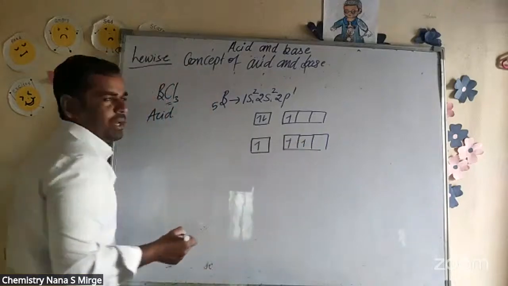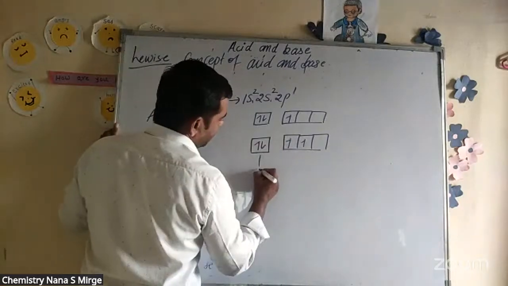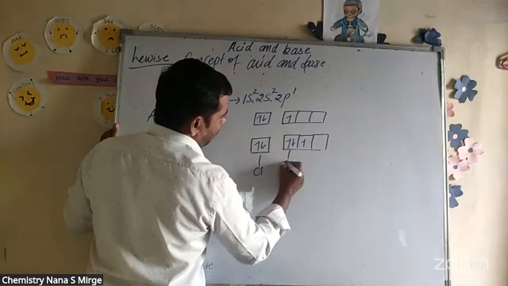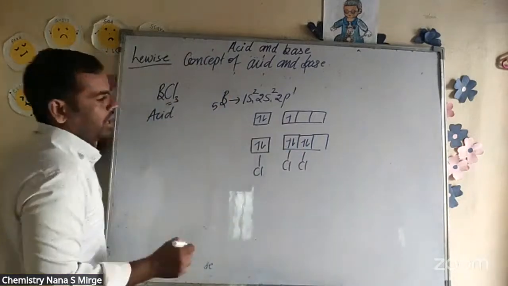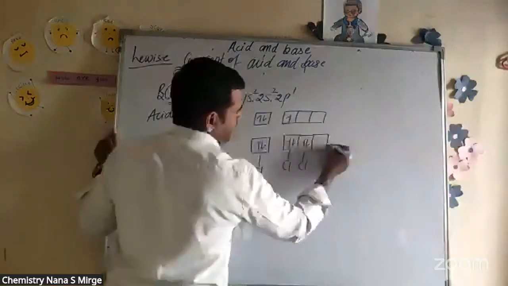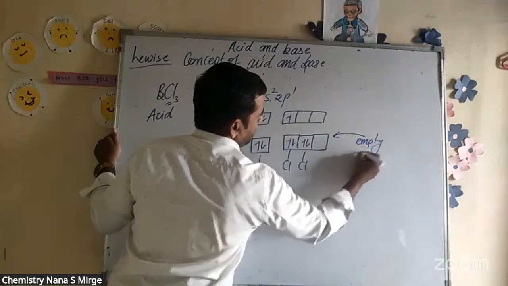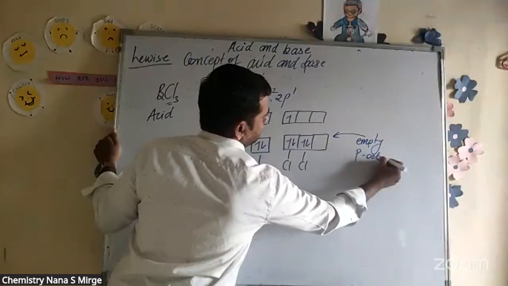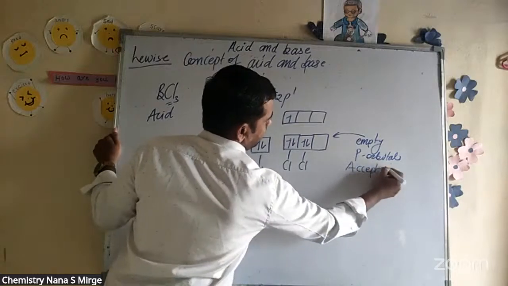Now how many unpaired electrons? Now there are 3 unpaired electrons: one from chlorine, one from chlorine, one from boron, and one from chlorine. So these empty p orbitals accept a pair of electrons.